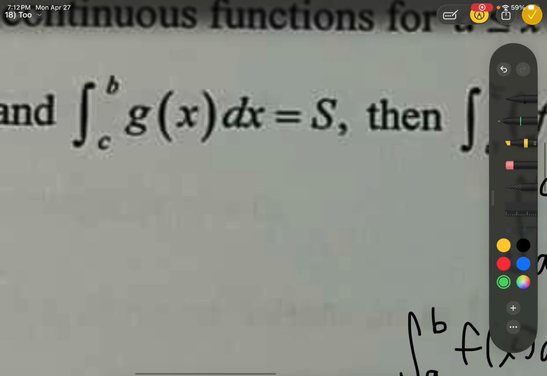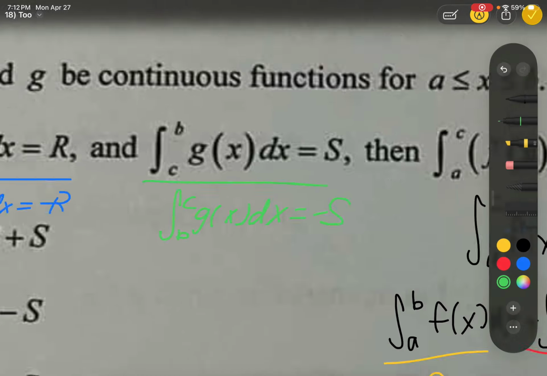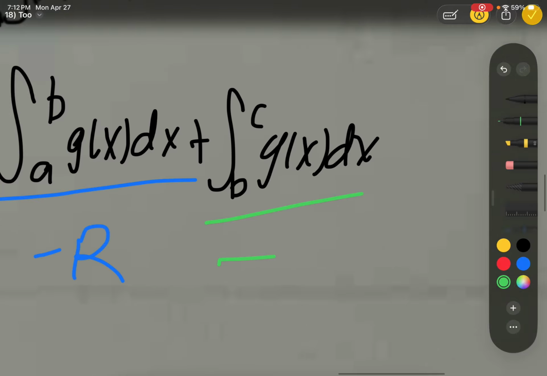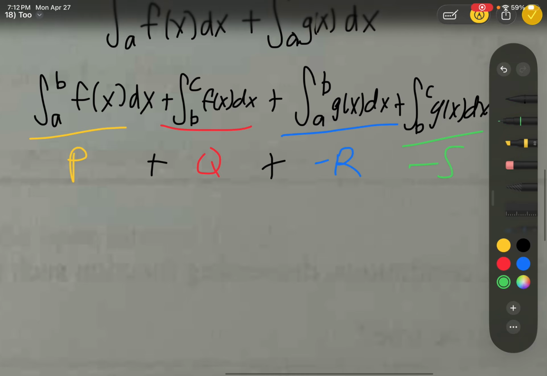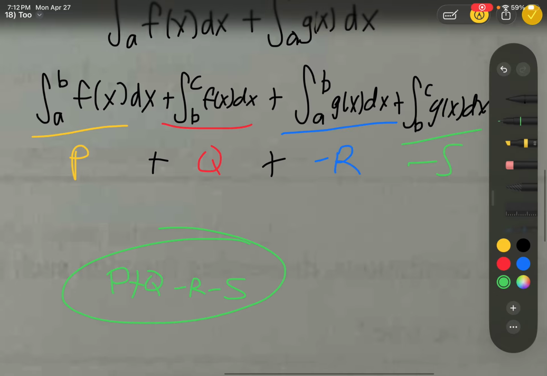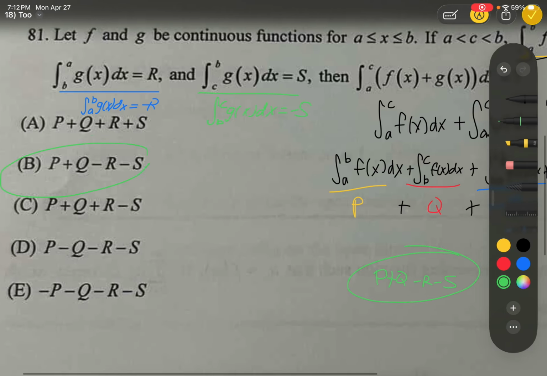It's going from C to B. We want it going from B to C. So B to C, g of x dx is equal to negative S. Ta-da! And your answer should be P plus Q minus R minus S, which is B.